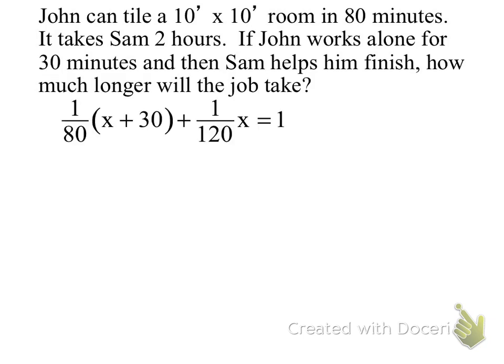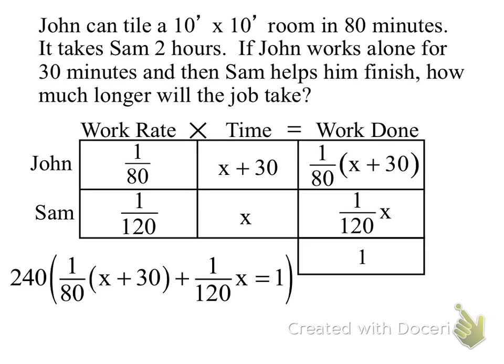I just want to show you as I'm doing it. Now, when I distribute, really, this is all one term, guys, because it's connected by multiplication. So 80 goes into that how many times? 3 times. We're going to get 3 times X plus 30.